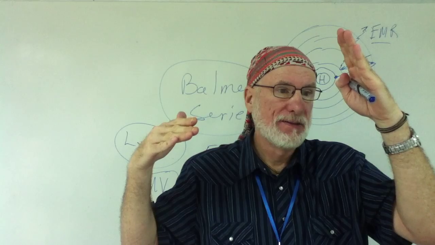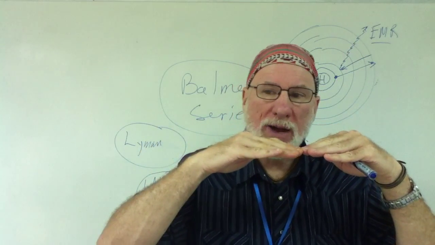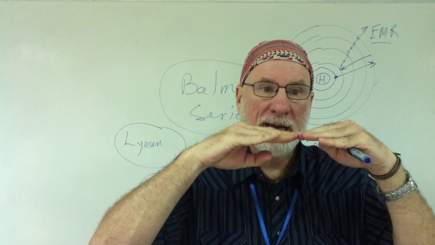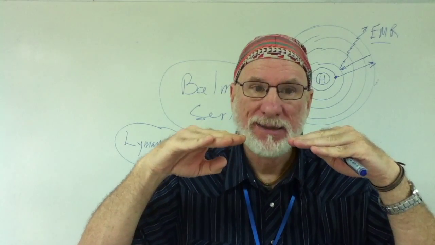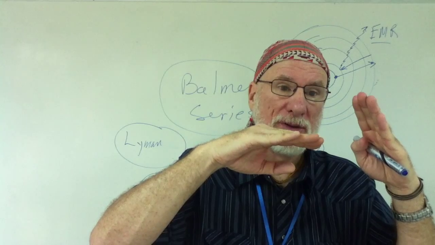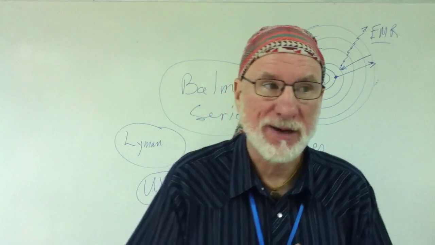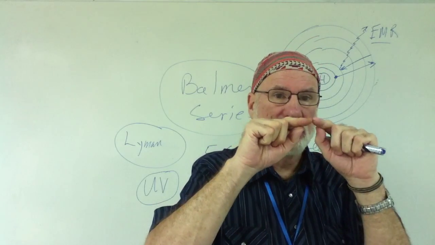Why is that? Why are the d subshell ionization energies flat compared to the s and the p's? Why are the f's even flatter? Why do you get those?